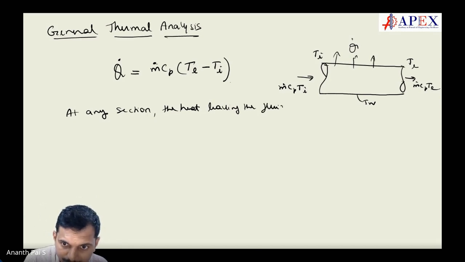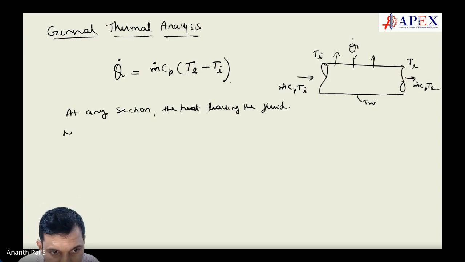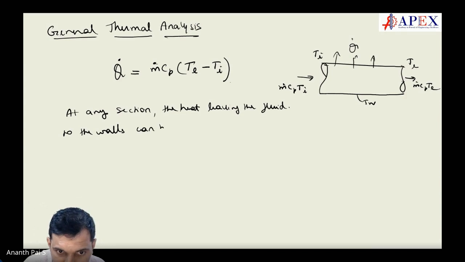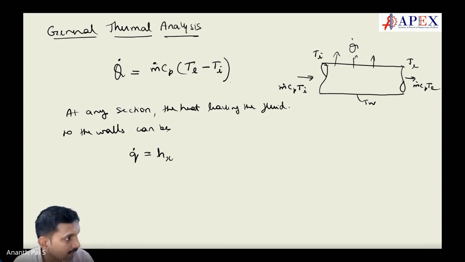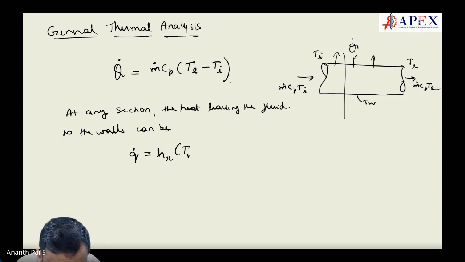At any section, the heat leaving the fluid to the walls can be written as Q dot equal to h at a particular x, where h is the heat transfer coefficient at that particular place, into (T mean minus T wall). If it is hot, T mean minus T surface. Yes or no? So with this, there are two conditions.